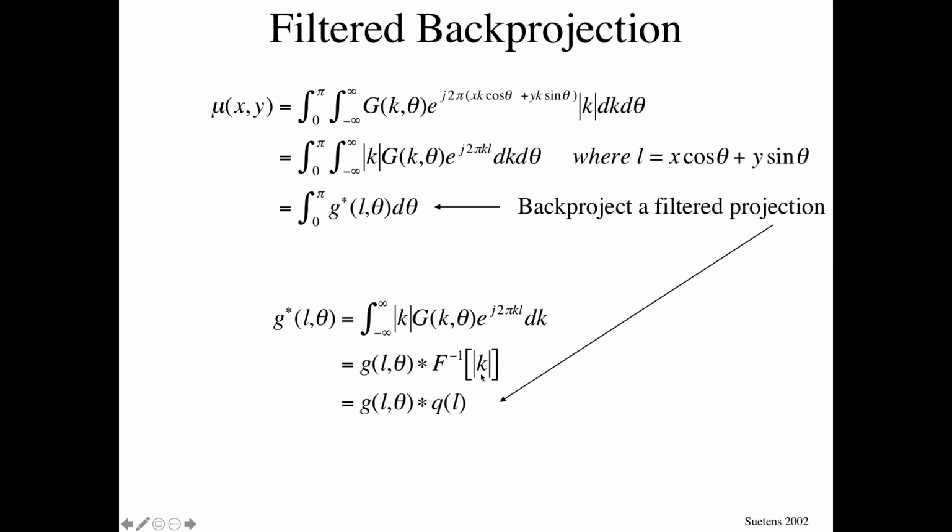inverse Fourier transform of the function k, or y equals x, the magnitude. So it's something that goes up like this. It's at the origin, and it goes up like this. It's this ramp function. And that gives us essentially a kernel in the spatial domain that you can convolve your projection with and then do your back projections.